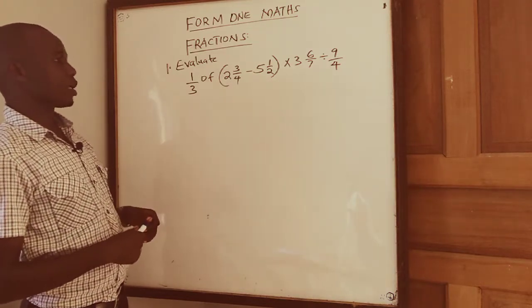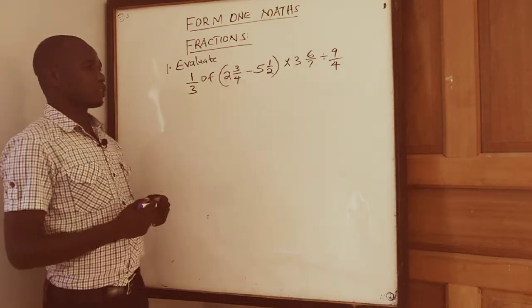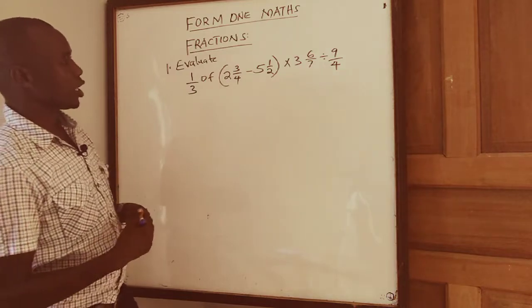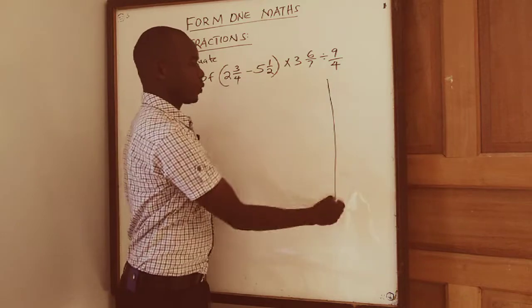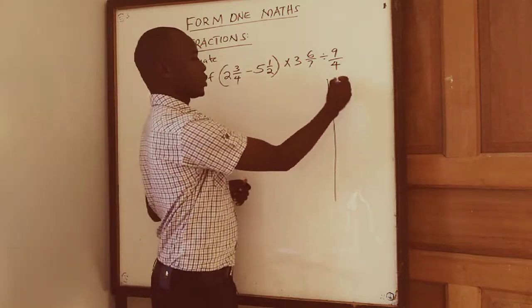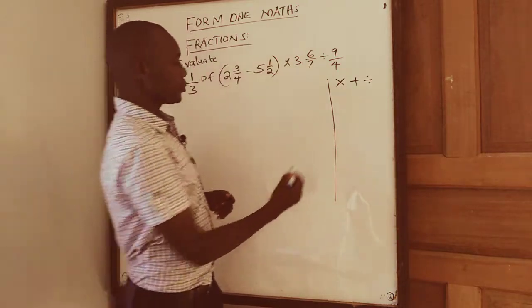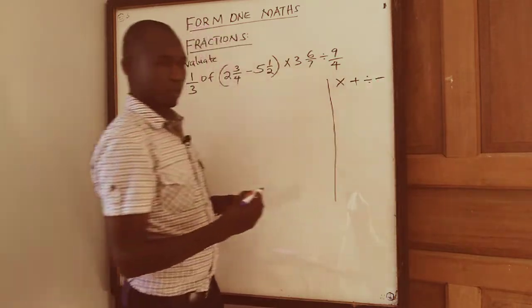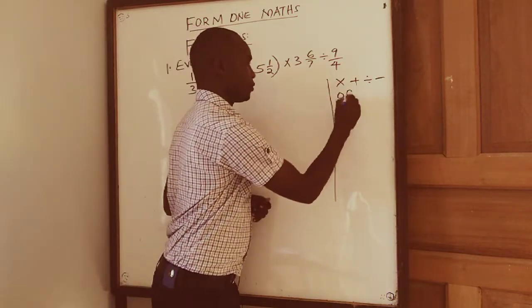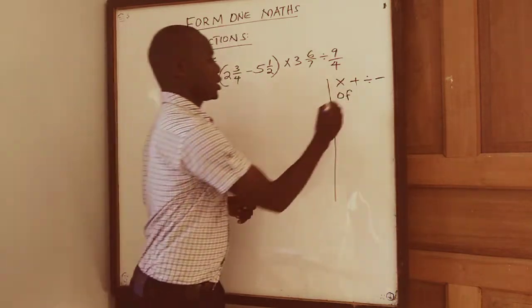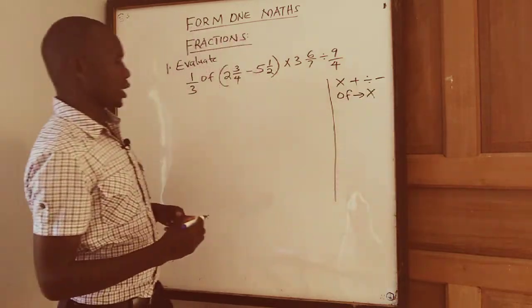Anytime you are doing a question from fractions, it tests on a number of operations, bearing in mind that in mathematics we have 4 basic operations, namely multiplication, addition, division, and subtraction. We also have another additional operation, which is a special sign of multiplication.